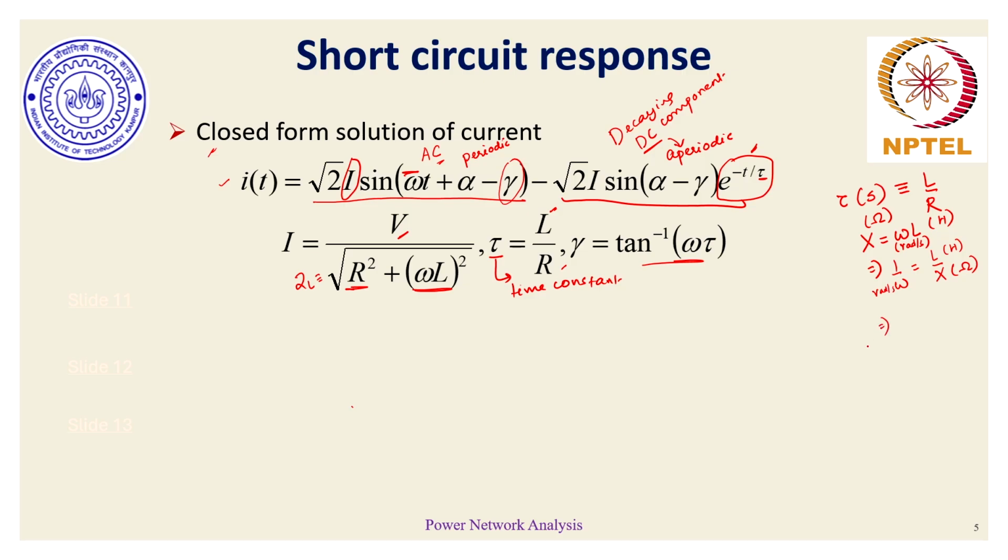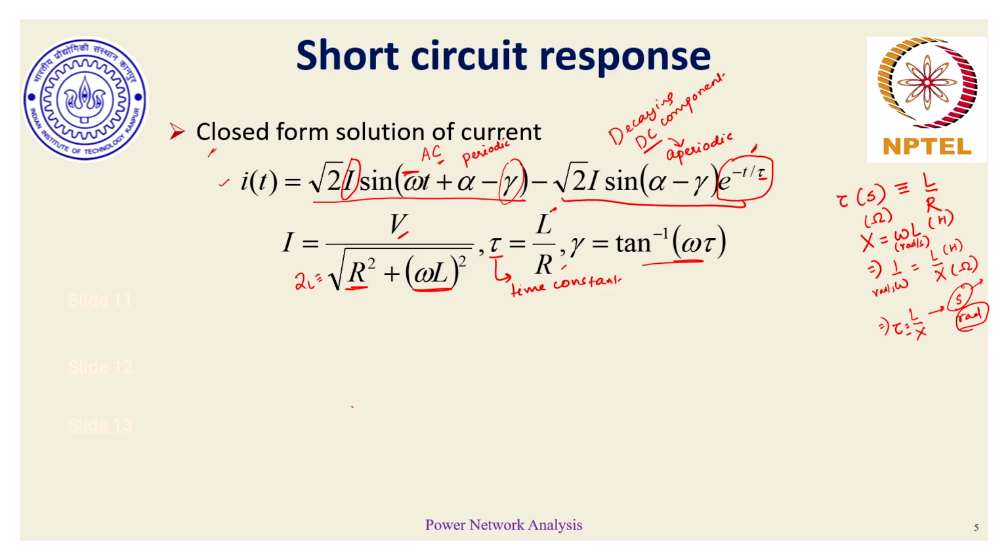So L by X has a unit of second by radian. Since radian is a dimensionless quantity, L by X essentially has a unit of time, which is second, and that's the reason tau also has a unit of time.